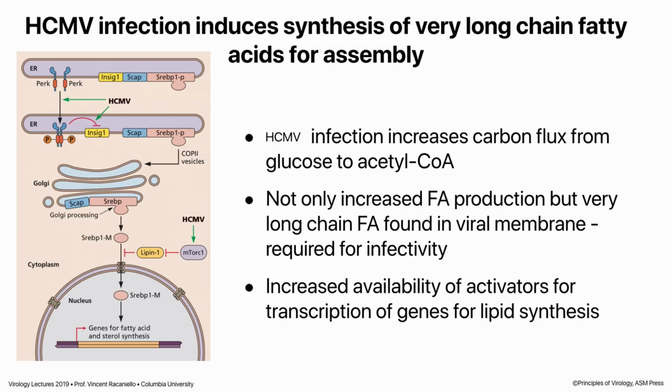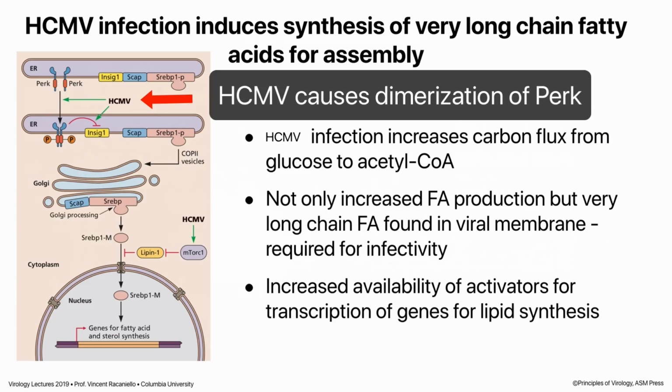It releases SREBP1, which moves through the Golgi and into the nucleus and activates the genes needed for fatty acid and sterol synthesis. So, for example, if cholesterol is low, PERK will sense that, dimerize, and SREBP will move out and into the nucleus. And of course, viruses can interfere with this to get what they need.